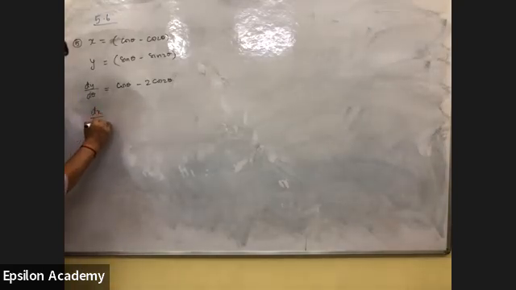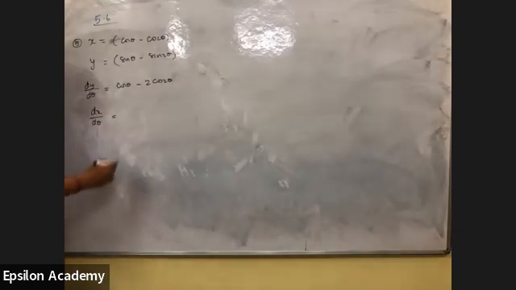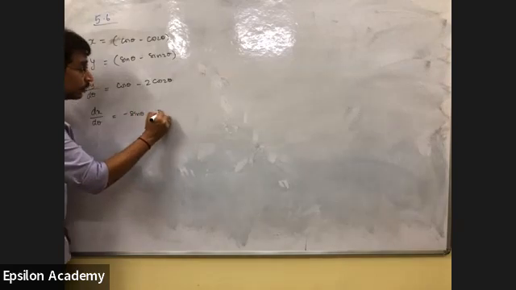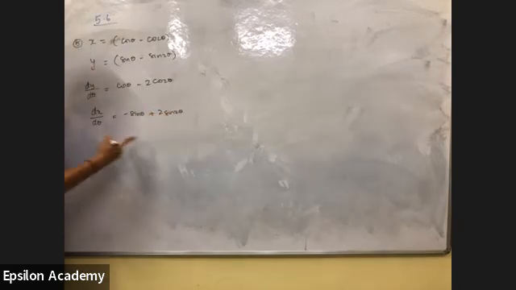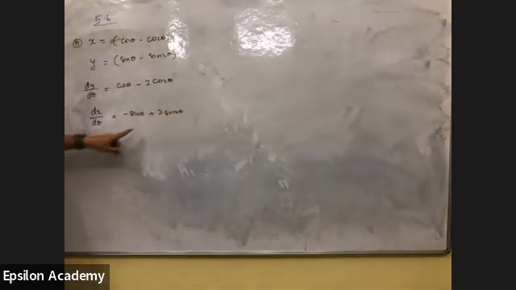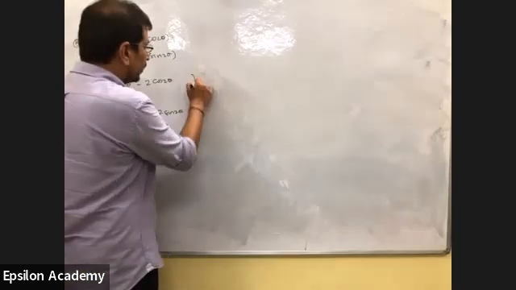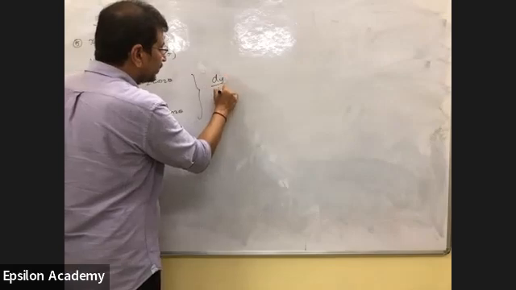So dx by d theta is minus sin theta plus 2 sin 2 theta, because cos's derivative is minus sin. So what will happen to dy by dx?